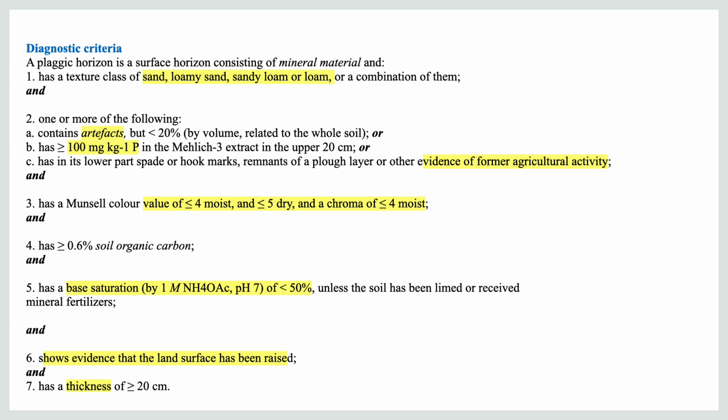The plaggic horizon also should evidence any kind of land surface raising. So again, I should register in the field any feature that expresses land surface raising, and of course a minimum thickness, which in this case is equal or higher than 20 centimeters.